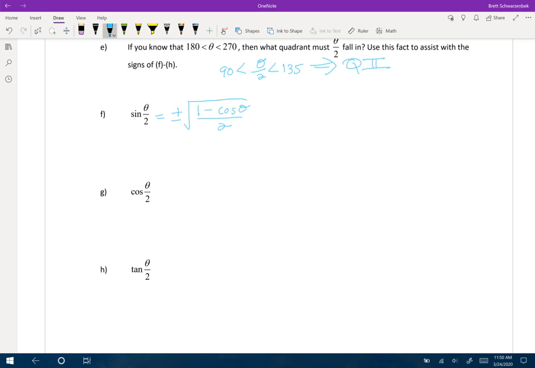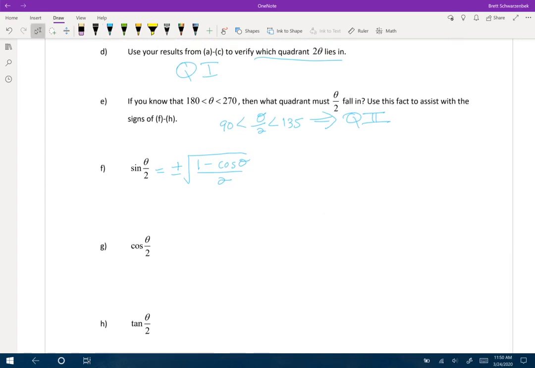Well, this half angle that we're dealing with falls in quadrant 2 in this problem. So in quadrant 2, you can clearly see that sine is positive, which means we know right off the bat that we're going to end up with a positive result, and we're basically going to ignore or remove the negative.